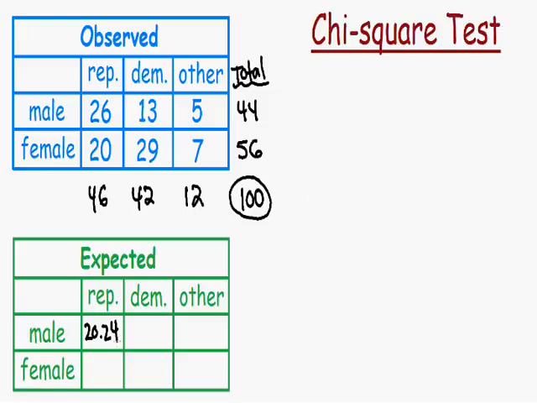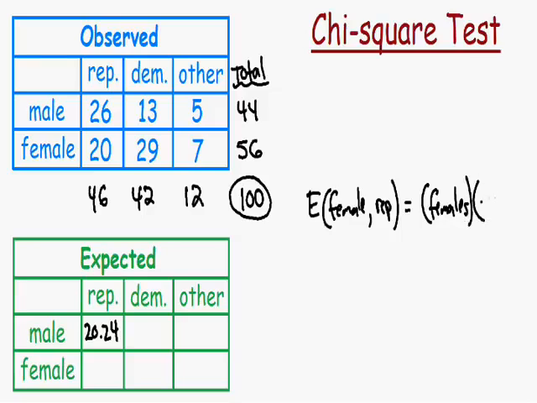So now let's do the same exact thing for the female Republicans. How many female Republicans do we expect? The expected number of female Republicans is equal to the total number of females multiplied by the total number of Republicans, all divided by the grand total, the total number of people in the group.